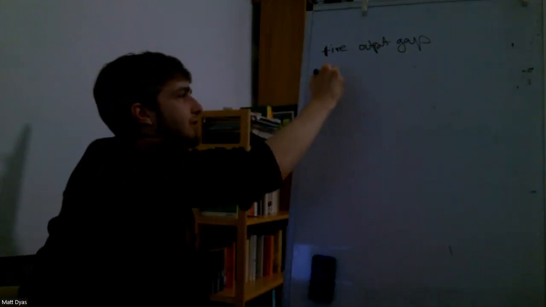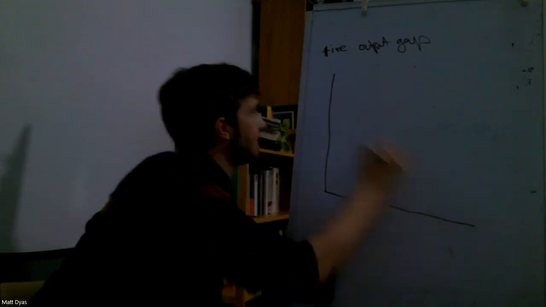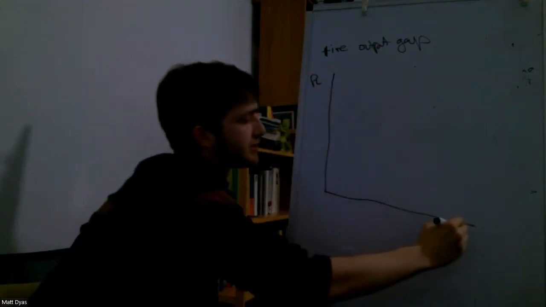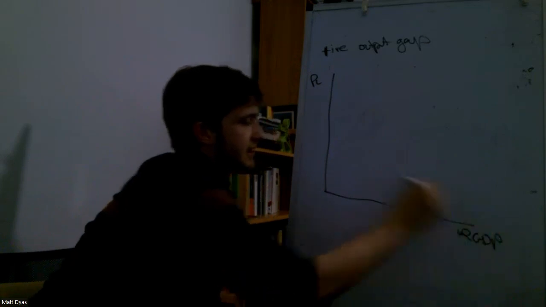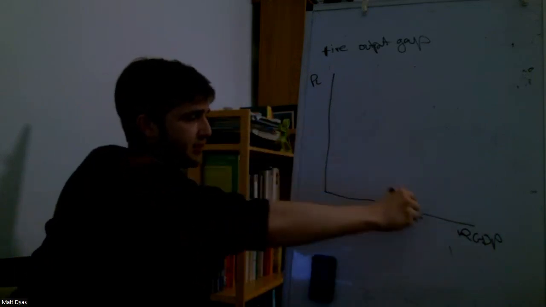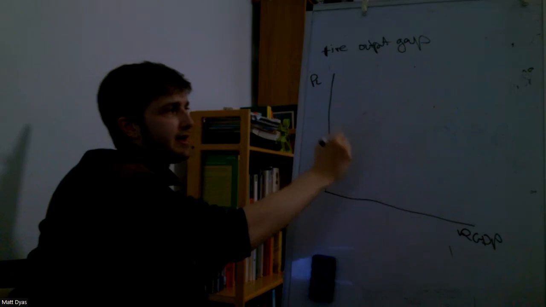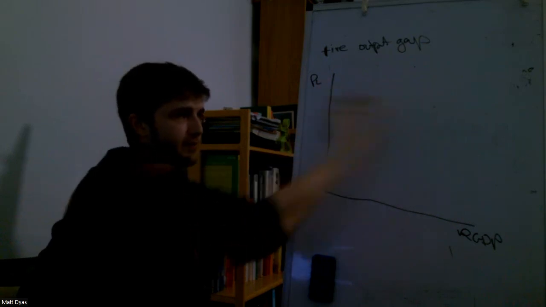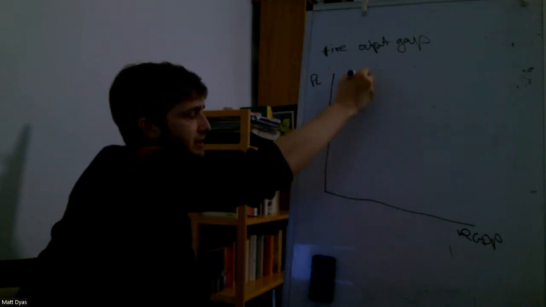And it's just the reverse of what we did before. So I'll fully label it this time. Instead of putting LRAS far to the right and then drawing the macro equilibrium inward of that, I'm going to do it the other way around.